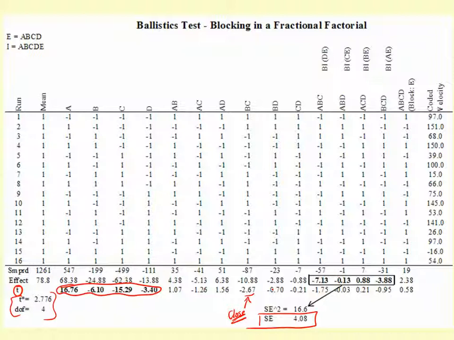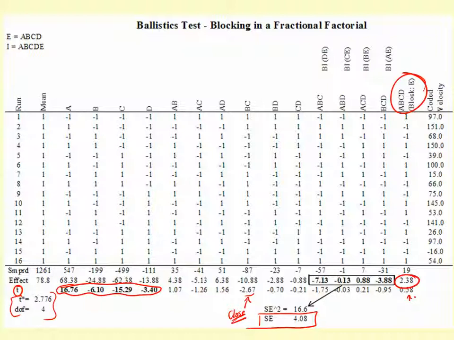Did blocking seem to be important or not? Doesn't seem to be. Remember, that's the column that measures the block effect. Its t-value was 0.58. So we were worried about the different days messing with our results. Turns out it didn't really happen.